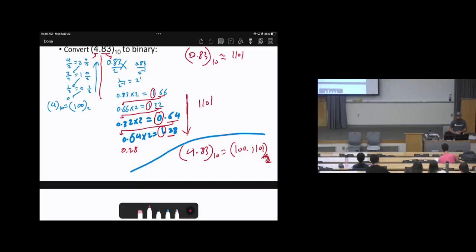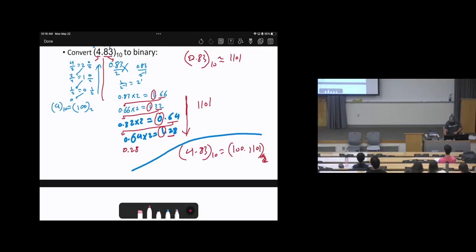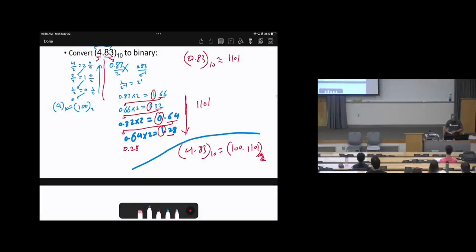Okay? Maybe when I chose 0.83, I was unfortunate choosing this number. If we choose a different number like 0.75, it will be much easier. Okay? Any questions? So the overall idea is to keep multiplying by 2, while the other one was dividing by 2.